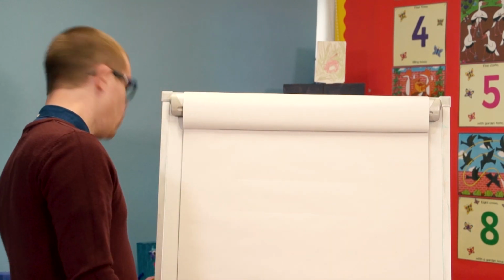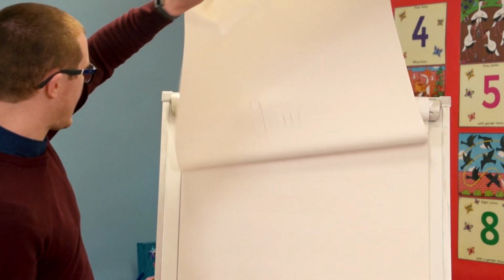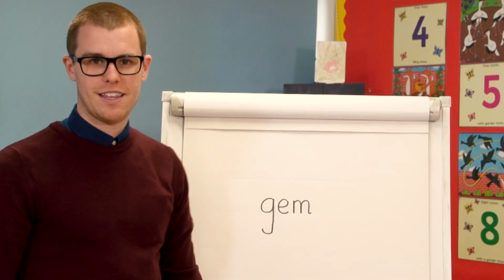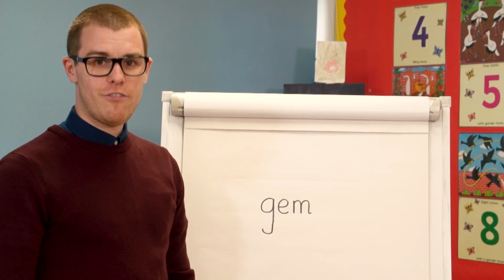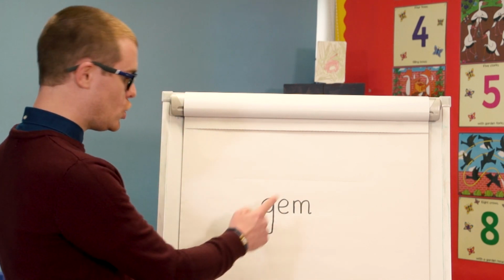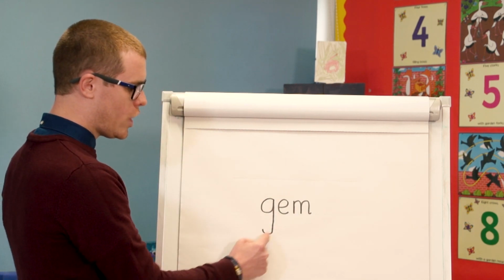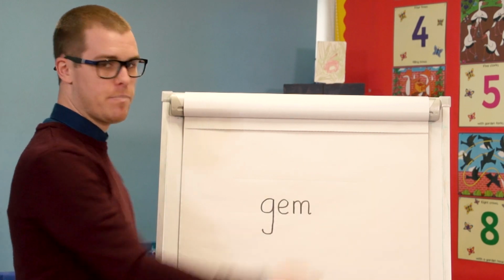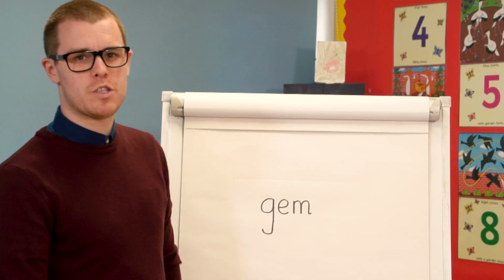The first sound is today's grapheme j. Let's check that your word looks the same as mine. Fantastic! Gem. j, e, m. It has 3 sounds.